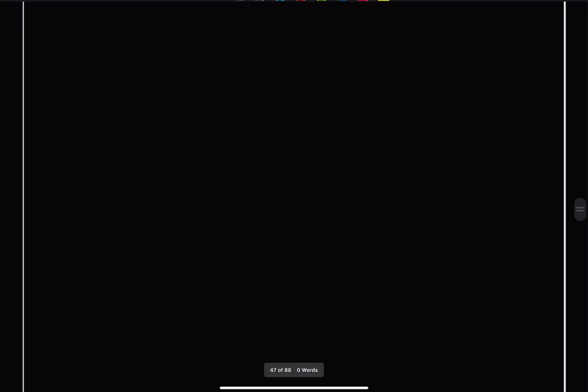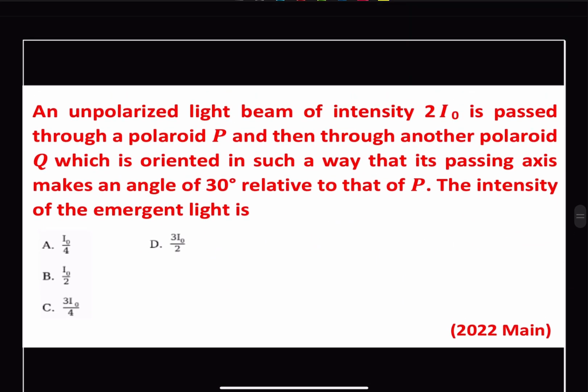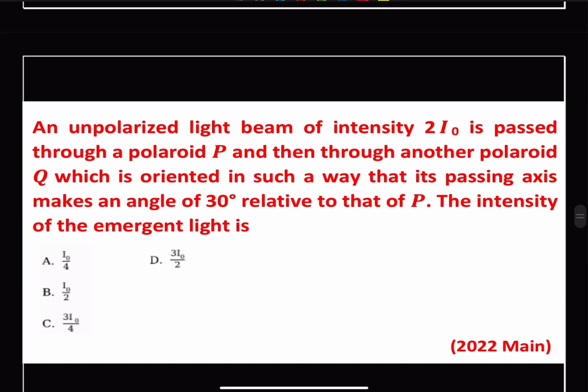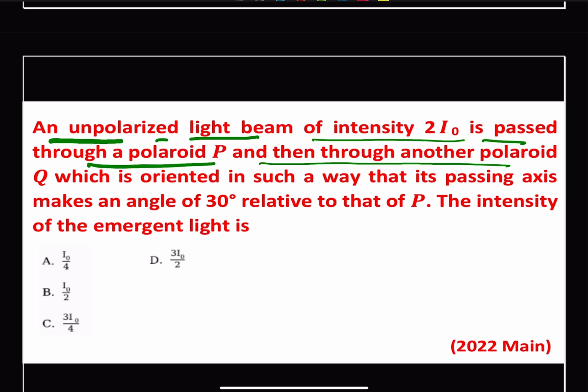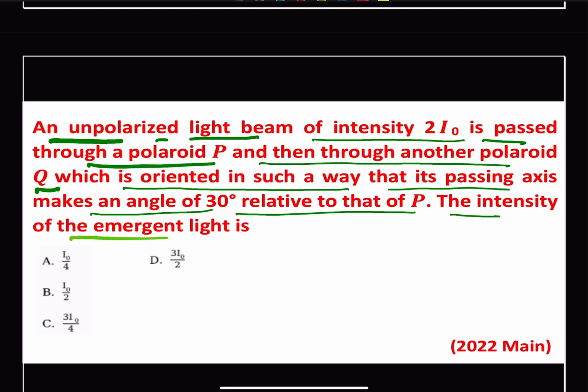Next question, and it states that an unpolarized light beam of intensity 2 I0 is passed through a polarizer P and then through another polarizer Q, which is oriented in such a way that its passing axis makes an angle of 30 degree relative to that of P. The intensity of the emergent light is.